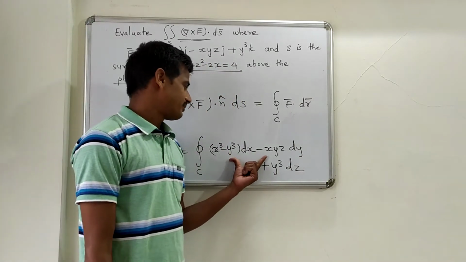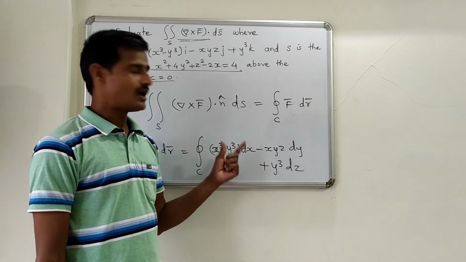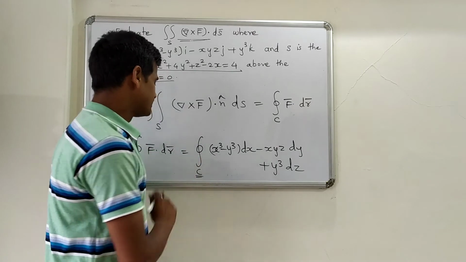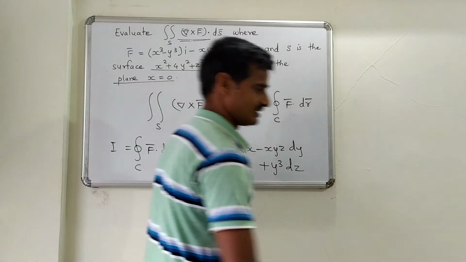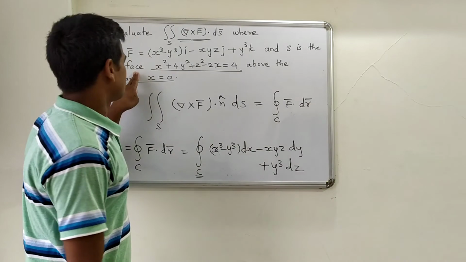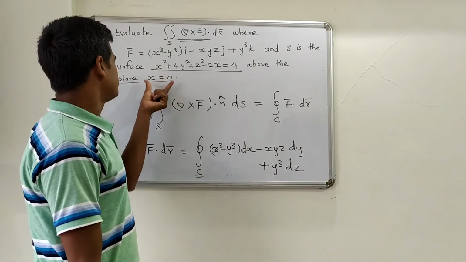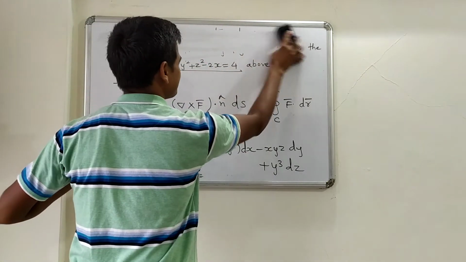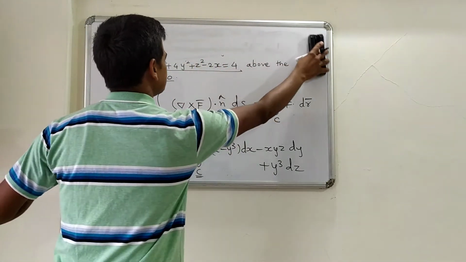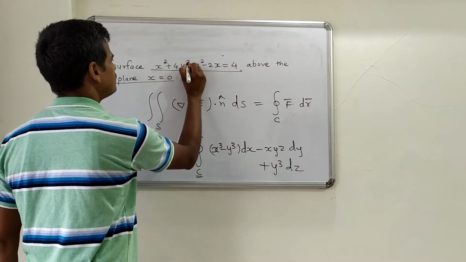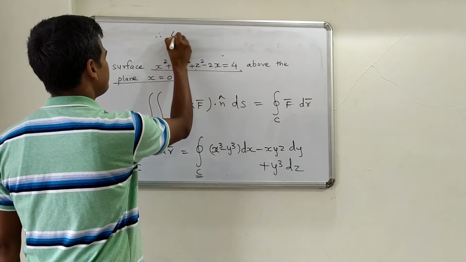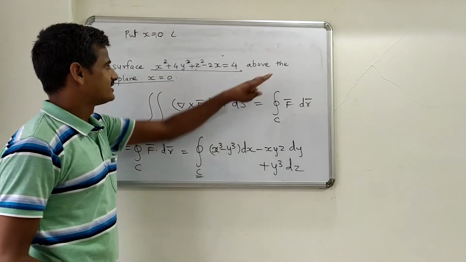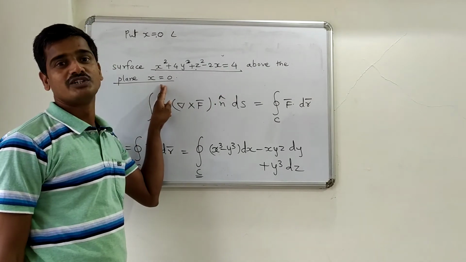Now in order to evaluate this integral, we have to transform it into a single variable. So let us look at this curve. What is this closed curve which bounds the surface S? This surface lies above the x is equal to 0 plane, so I find the intersection of these two. Put x is equal to 0 in this equation, because this surface lies above the x is equal to 0 plane.